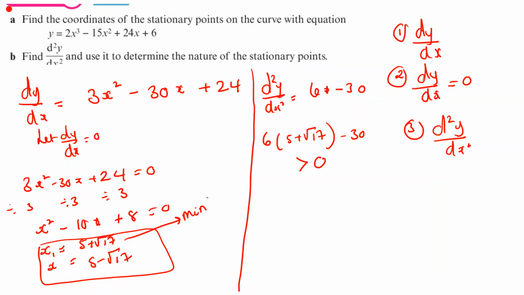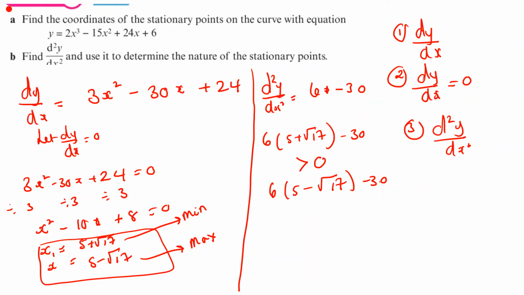So we can do the other one, but clearly that's going to be the maximum, because if one's the minimum, the other one has to be the maximum. But we'll just double check. So 6 open bracket 5 minus root 17, minus 30, and just put that in the calculator.